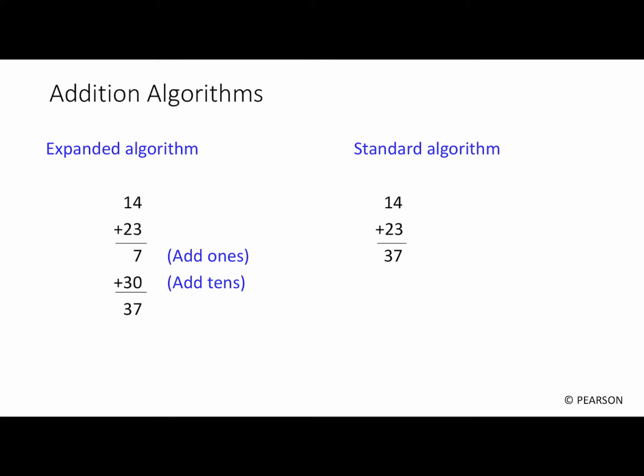So they need to have already built up this recognition that 23 is really 20 plus 3, and 14 is really 10 plus 4, okay? And then the standard algorithm, we just don't expand that, right? So instead of writing the 30, we add in the ones place and then we add in the tens place.